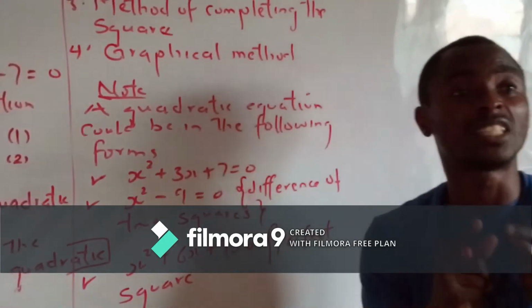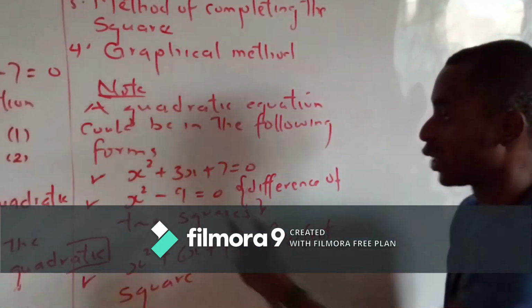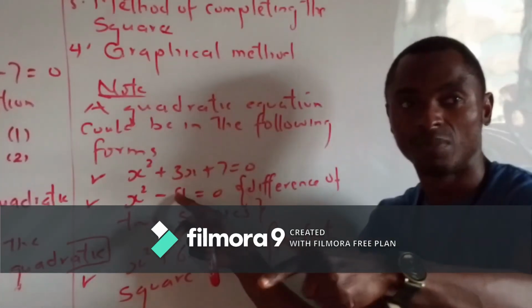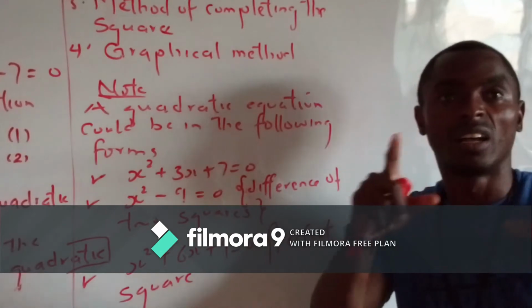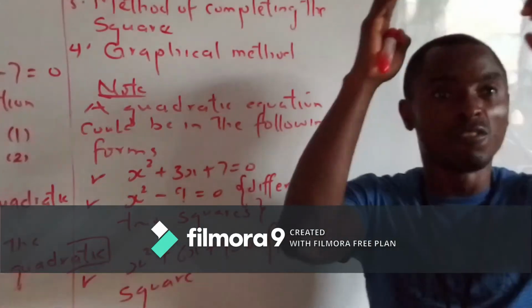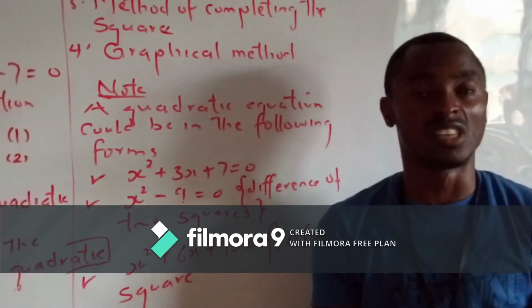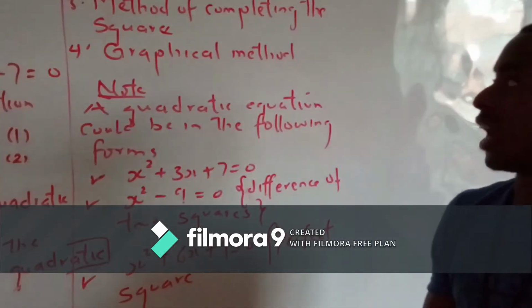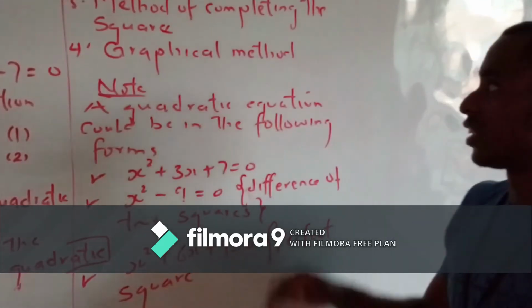The only difference is that the answer here will be plus 3 and minus 3. The signs are different, but in perfect square, the values are the same and the signs are the same. We will now see how to resolve this.